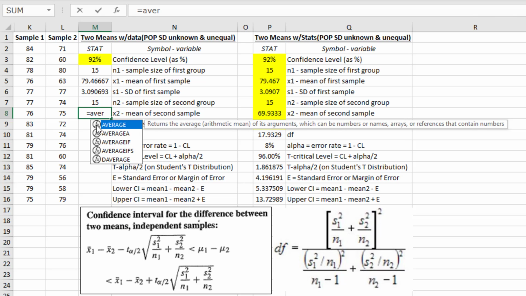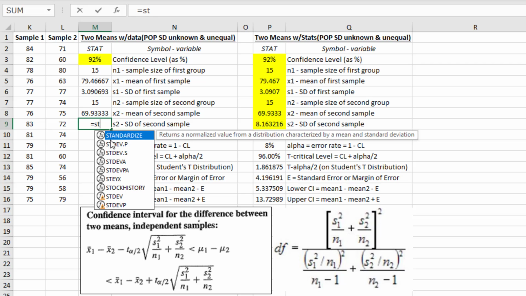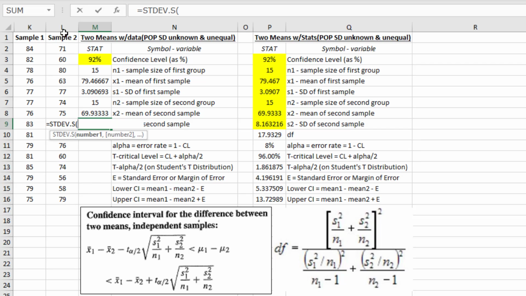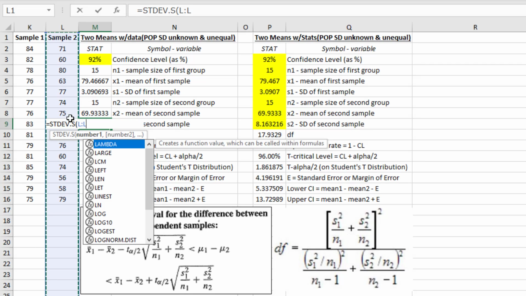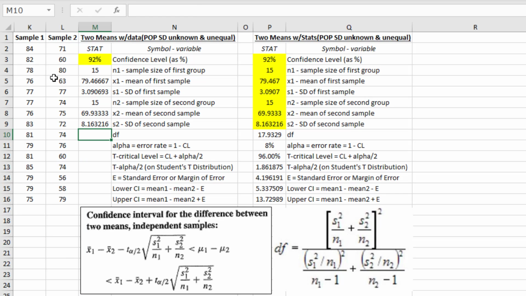Equals the average of everything in the L column, and then equals standard deviation of a sample of everything in the L column. You can see that when you click the letter L, it just gives you L colon L, which tells Excel take everything in that column. And it's smart enough to ignore anything that's not a number, so it's going to ignore those two things.